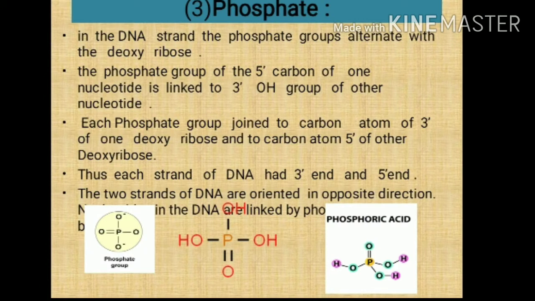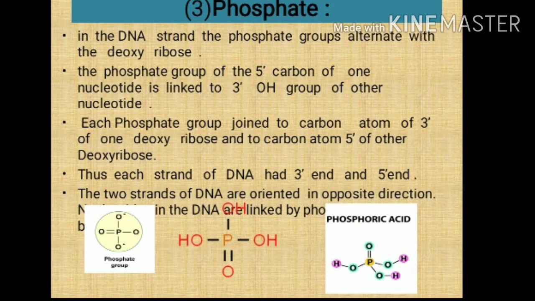Another important component of the deoxyribonucleotide is phosphate. Phosphate links the alternate deoxyribose units in the DNA strand. In the DNA strand, deoxyribonucleosides are linked through phosphate, and the phosphate groups alternate with the deoxyribose.